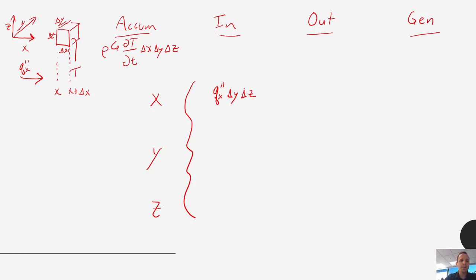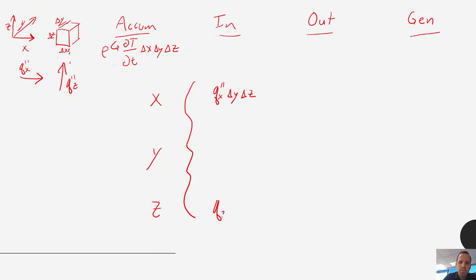Okay, similarly, let's look at the z term, it's a little bit easier. So z is going up and down. So if we have flux coming in from the bottom, what's the cross-sectional area that that flux is going to be encountering?